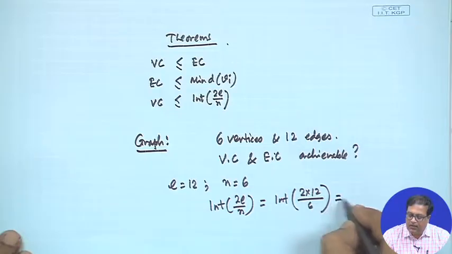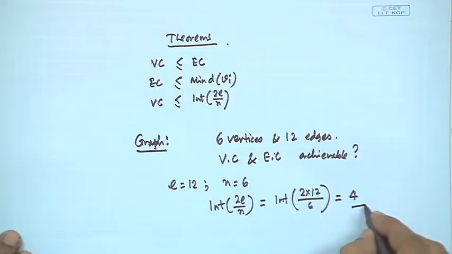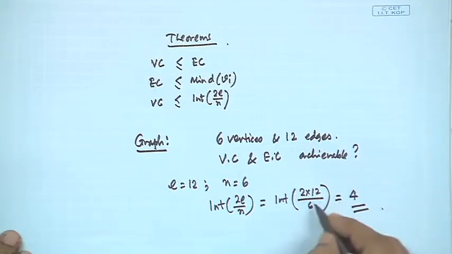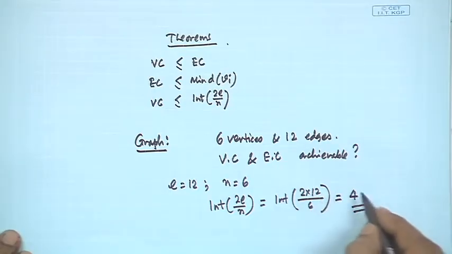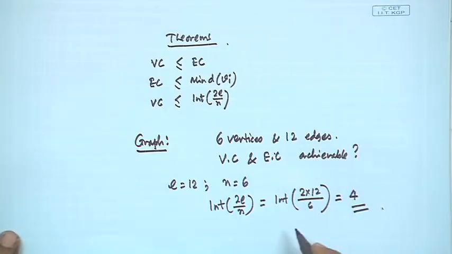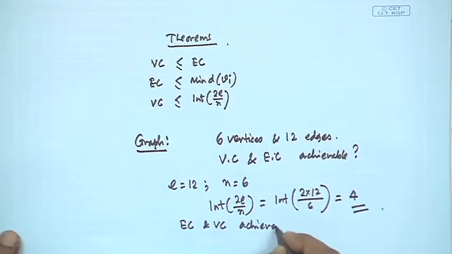So, can you see that this comes out to be 4, right. If it is more than 4, then we take the integer portion and it becomes 4. So, basically it says that the EC and VC achievable is 4 only, right.